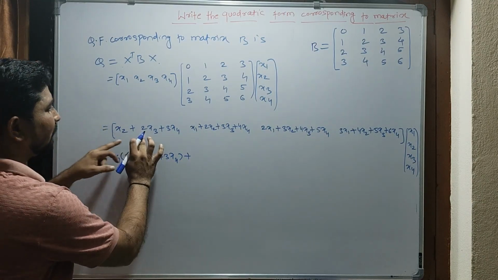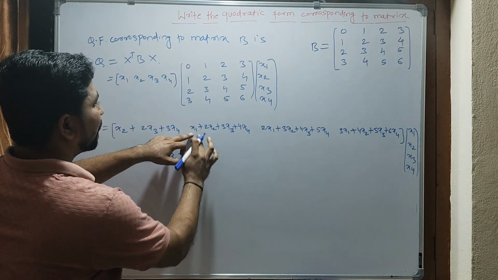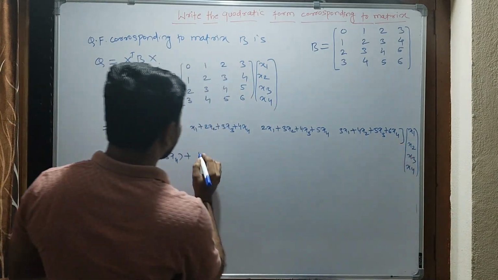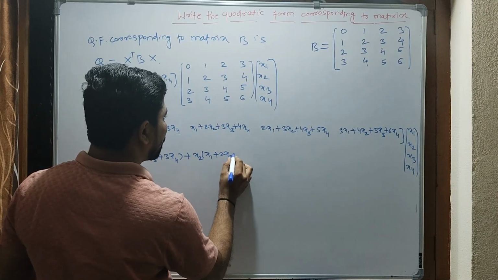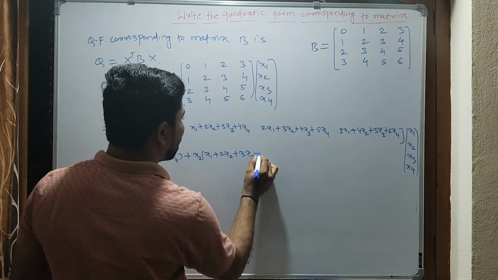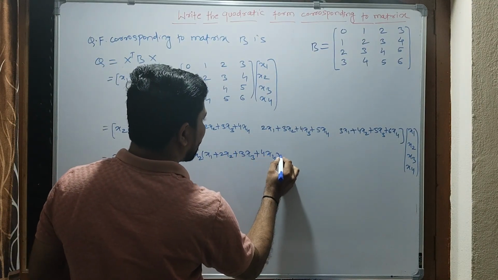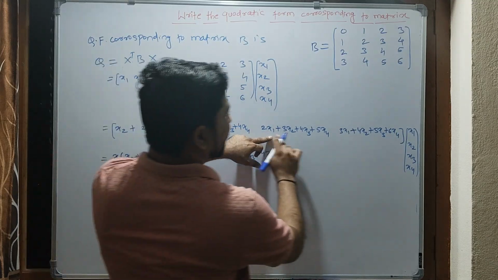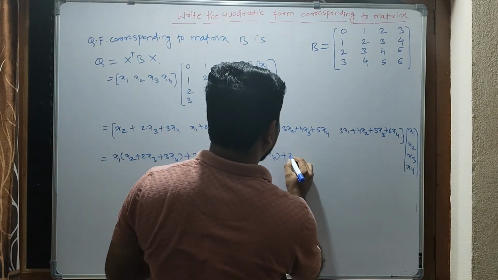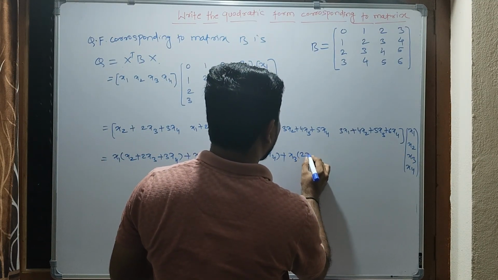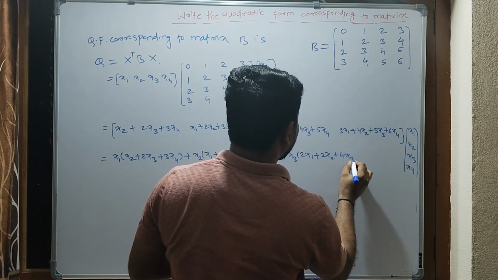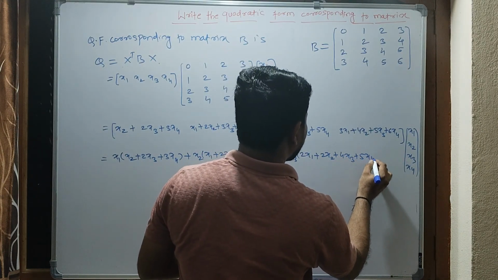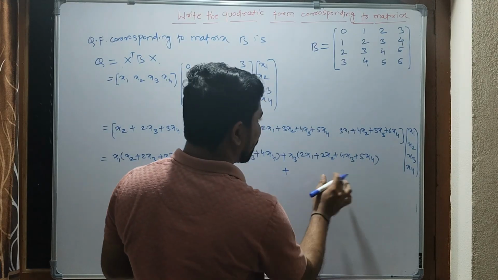Now multiply the second element with the second element: x2 times x1 plus 2x2 plus 3x3 plus 4x4, plus the third element with the third element: x3 times 2x1 plus 3x2 plus 4x3 plus 5x4. I don't have space here.